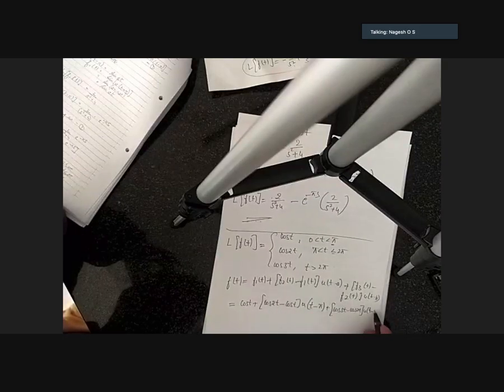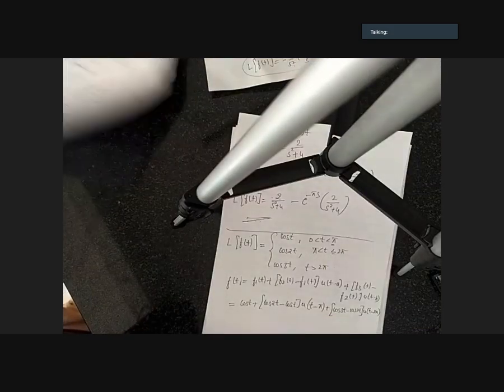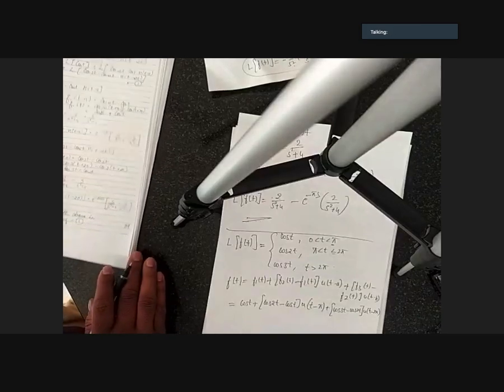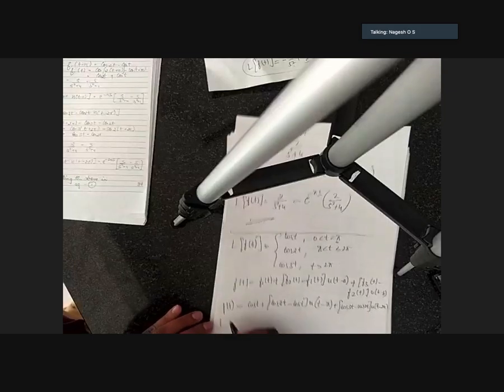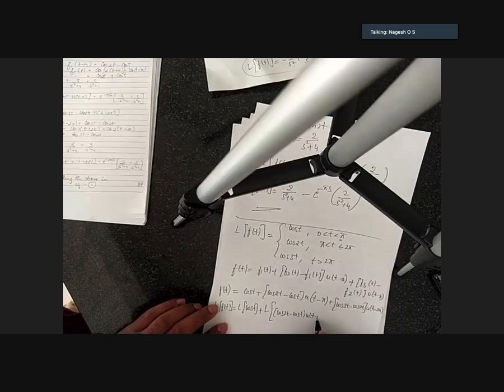What is b? That is 2 pi. This is f of t. We need the Laplace transform of this. Laplace transform of this is the Laplace transform of cos t plus the Laplace transform of cos 2t minus cos t u of t minus pi plus the Laplace transform of cos 3t minus cos 2t u of t minus 2 pi.